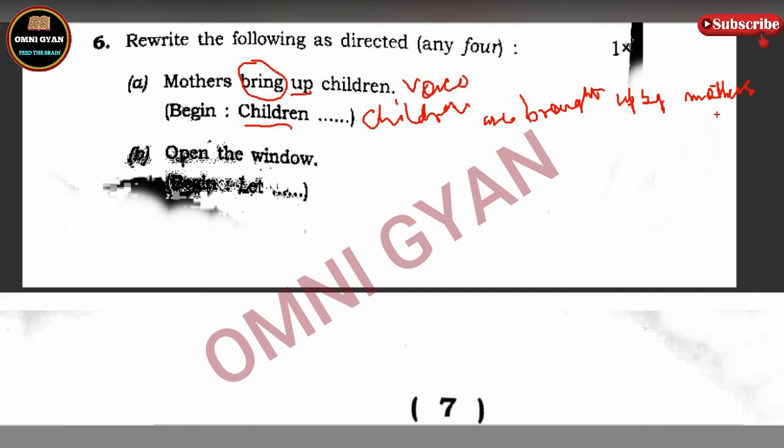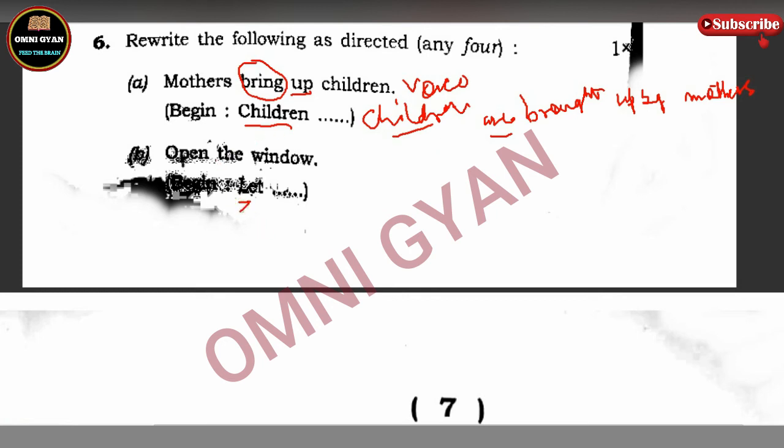Children are brought up by mothers, right? Are, because we use is, am, are for present tense, and bring is in present tense. So you have to begin with children. See, the first word is children here.